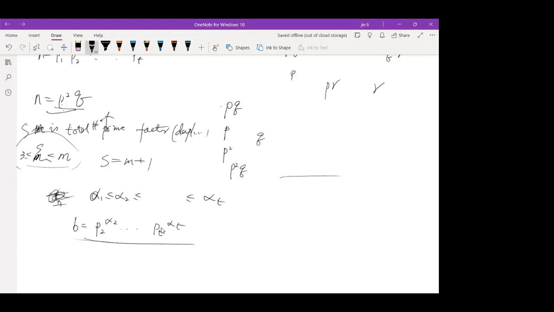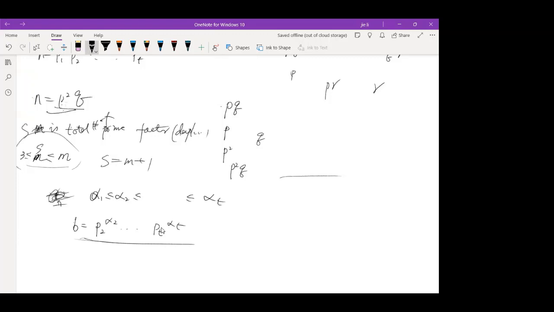And then this one clearly should have greater than or equal to 3 prime factors. Okay, so once this is done, we arrange them in a circle.